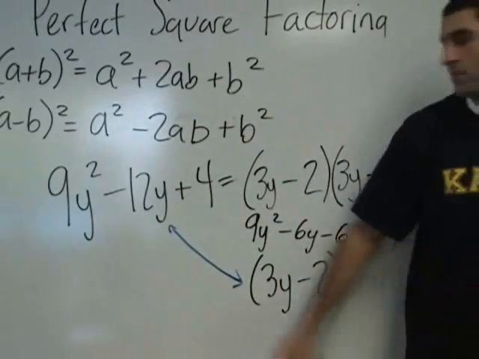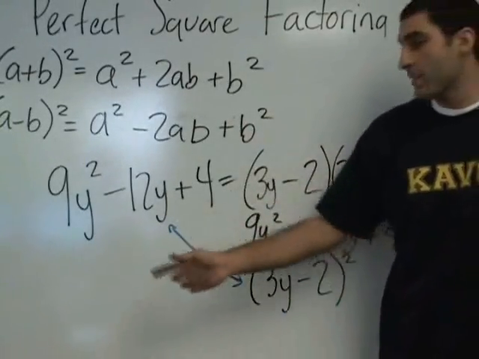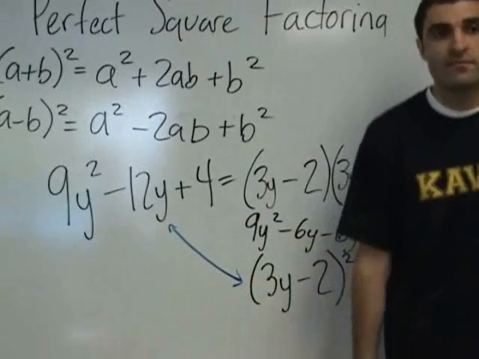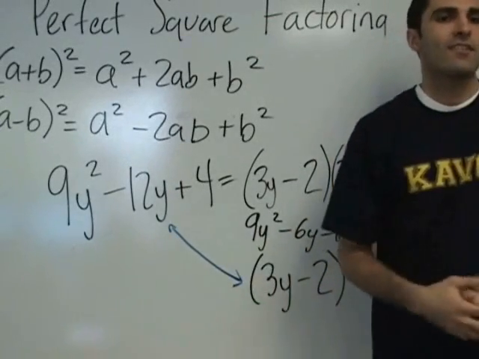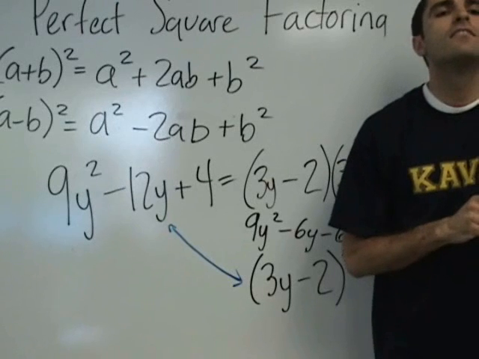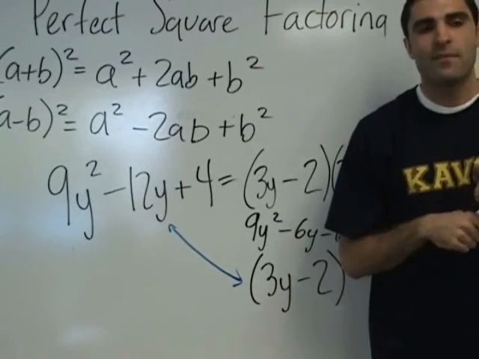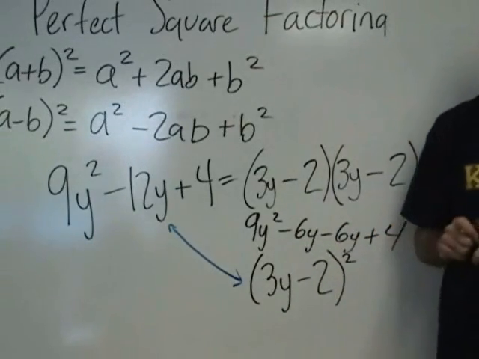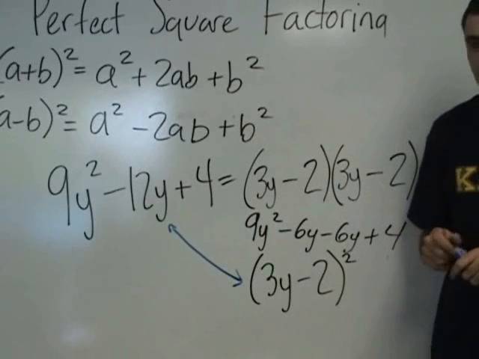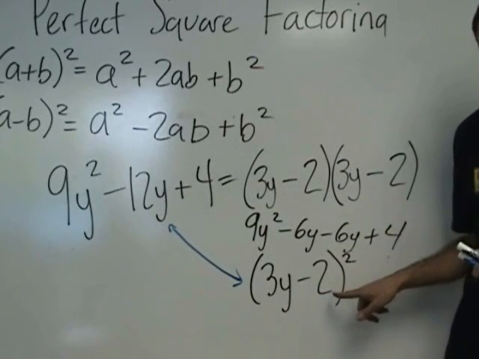Then this guy, who remembers? Who could put it in their own words what this guy is? The middle term. How do we get the middle term? 2 times what? 2 times the number. 2 times 3 and negative 2.